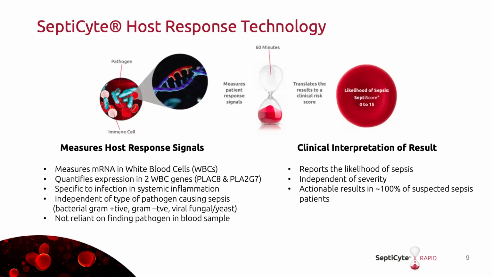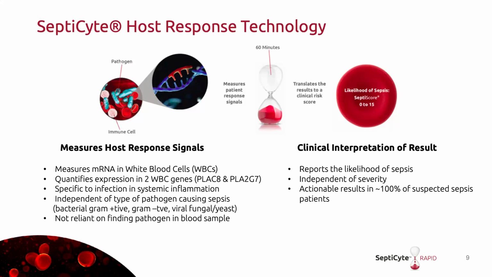Septicyte Rapid is a host response technology. It measures mRNA in white blood cells. It quantifies the expression of two white cell genes, PLAC8 and PLA2G7. It's specific to infection and systemic inflammation, not localized infection, and is independent of the type of pathogen causing sepsis, whether that be bacterial, gram-positive, gram-negative, viral, or fungal, and it's not reliant on finding the pathogen within the blood sample.